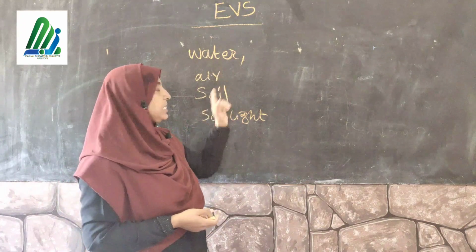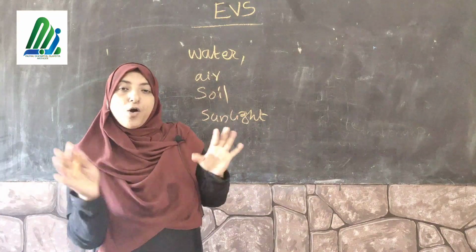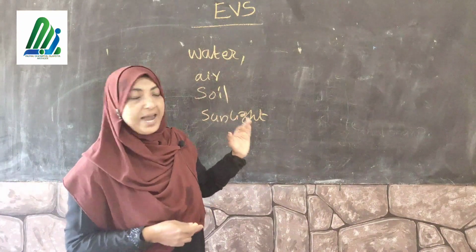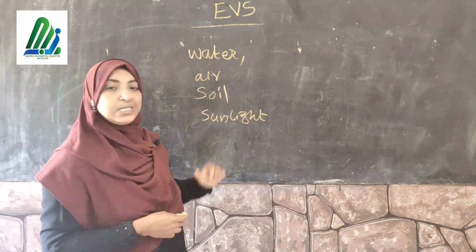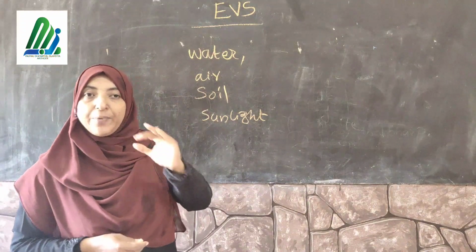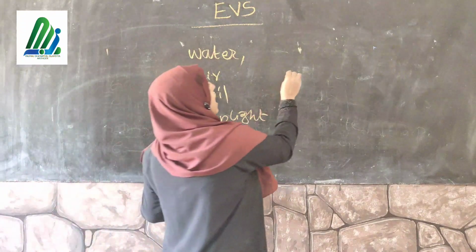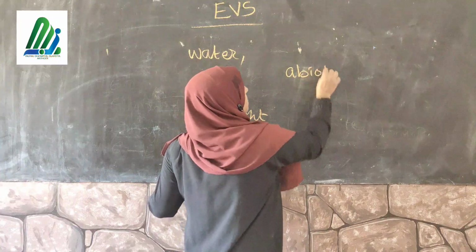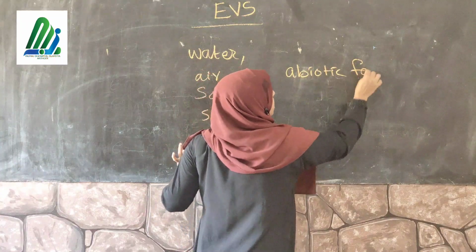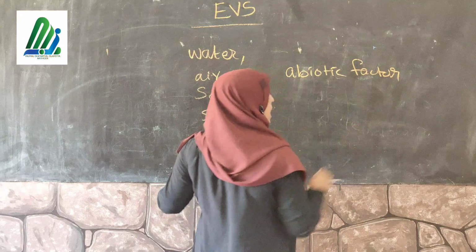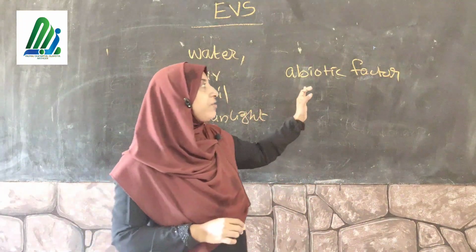Clear? So these things have a particular name. That means water, air, soil and sunlight are commonly called abiotic factors. Please remember this point, abiotic factor.